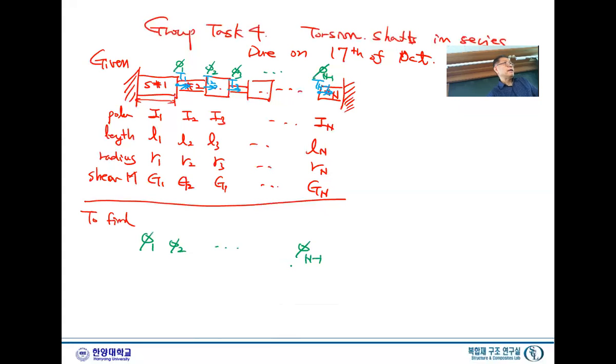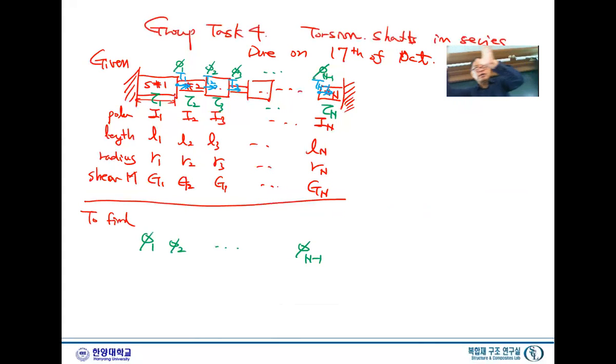Okay? And another one is that inside, the shaft will twist and there will be shear stress, right? This will be shear stress tau 1, tau 2, and 3, and tau n. Each shaft will have its own shear stress, right?